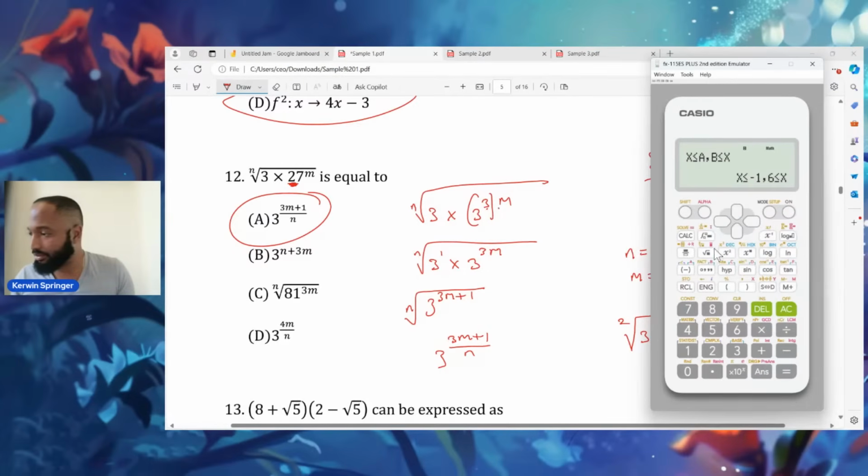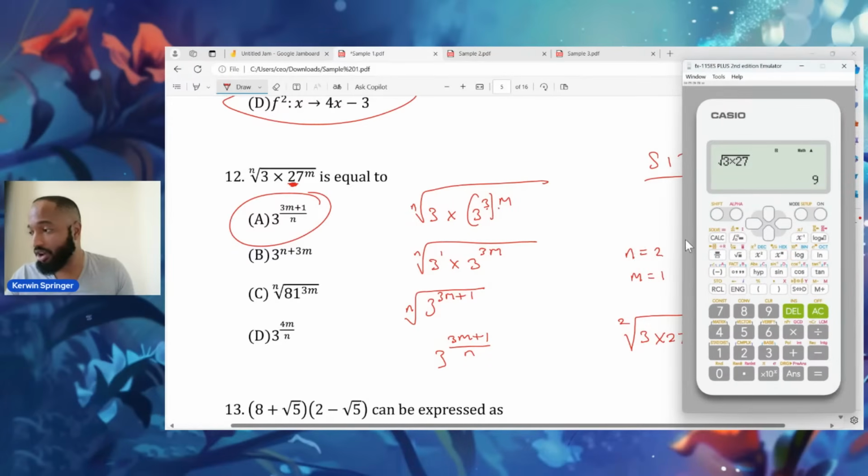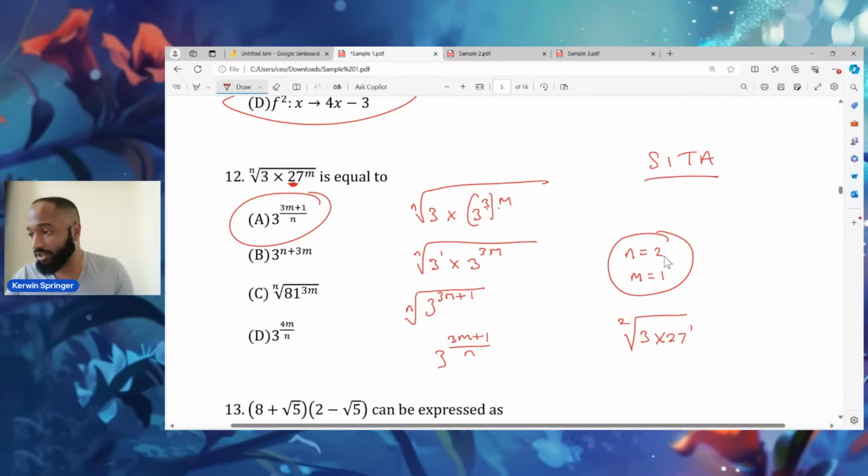The square root of 3 times 27 to the power of 1. So that's just 3 times 27 is 9. And now, you all understand what I'm doing? Now I'm going to check the answers with n is 2 and m is 1 and see which one gives me 9. So if n is 2 here, this is 2.